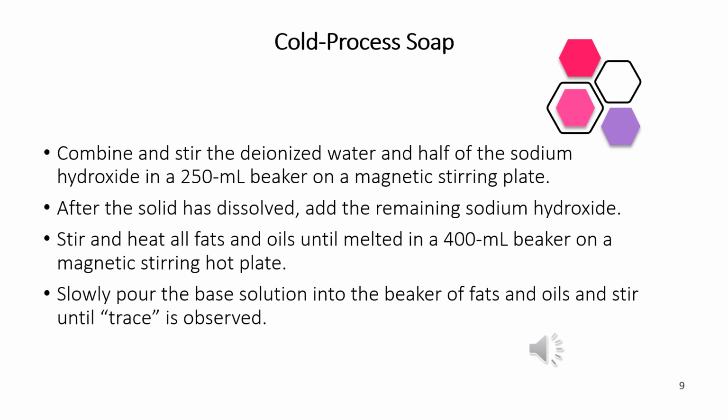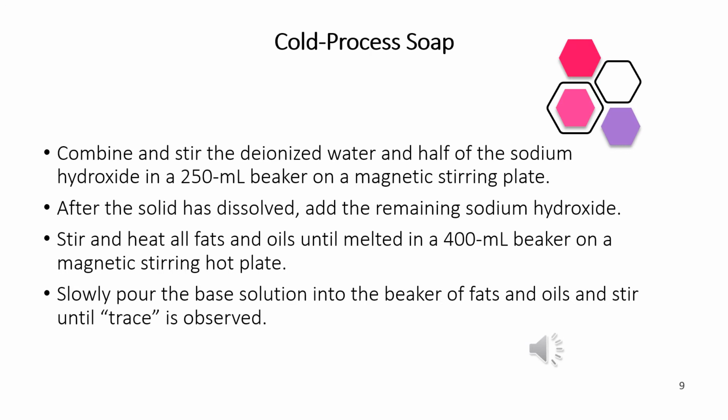So, after dissolving the sodium hydroxide, we will stir and heat all the fats and oils until they are melted in a 400 ml beaker placed on a magnetic stirring hot plate.